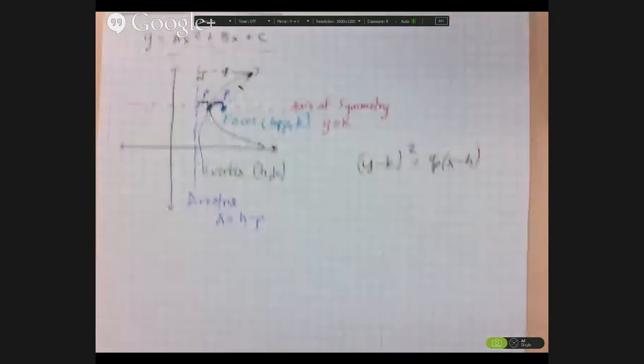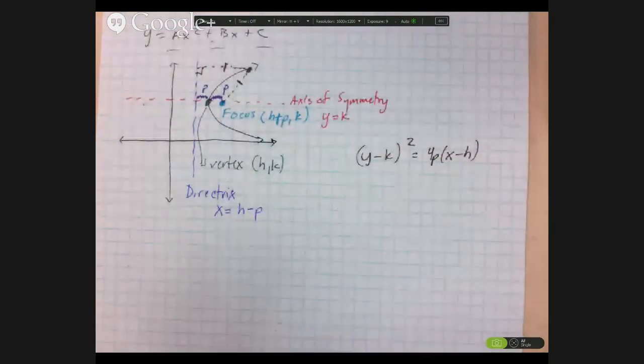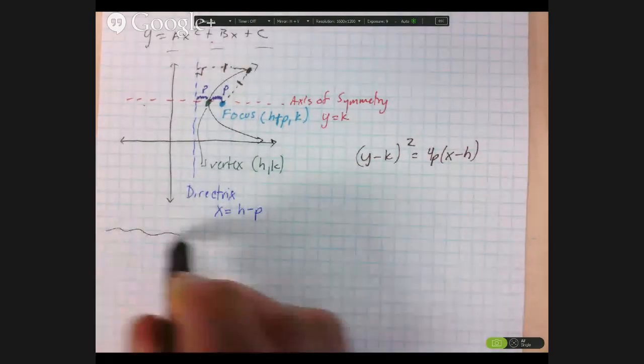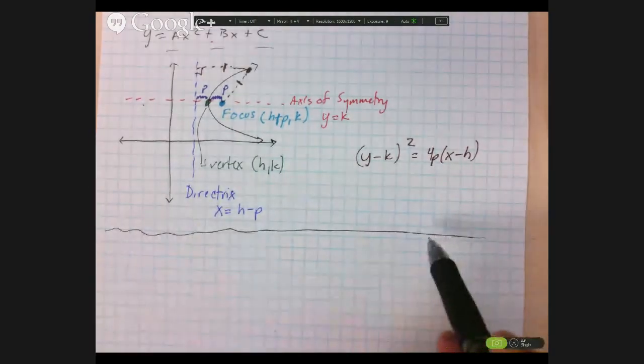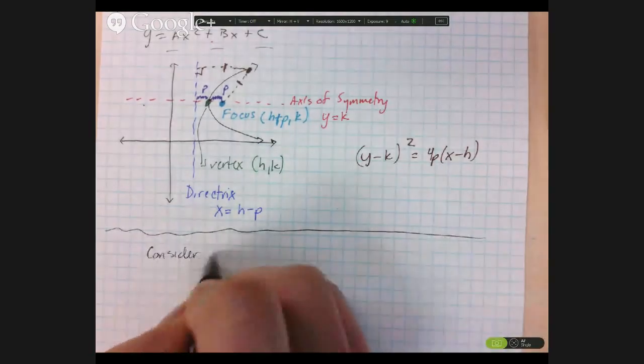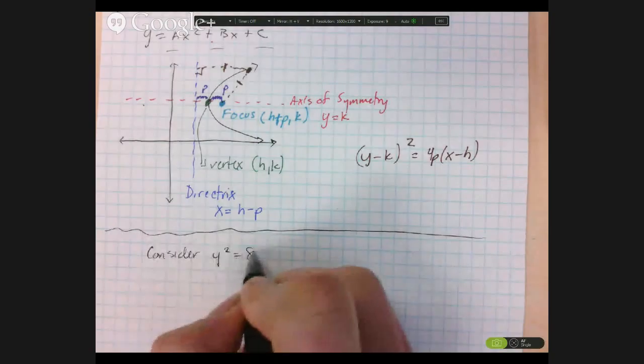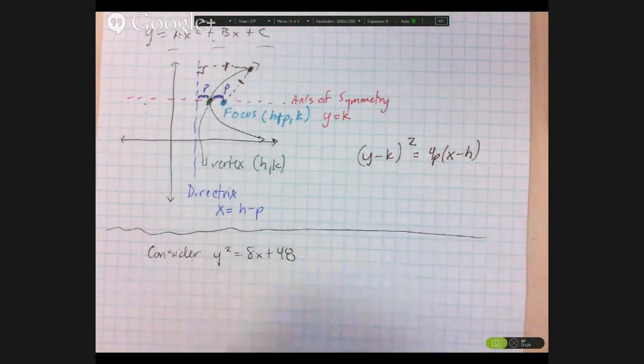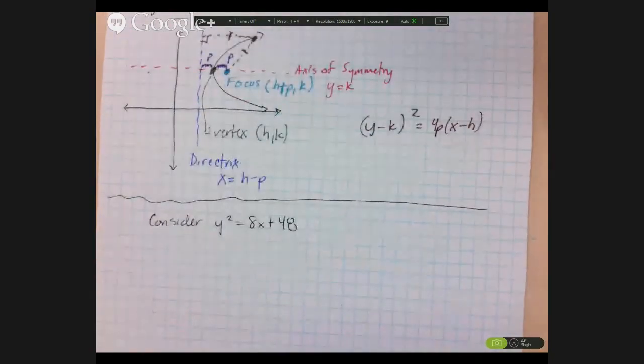Okay, so algebra abstractness aside, let's do something a little bit more numerical. Like that one. Is it sideways or up and down?